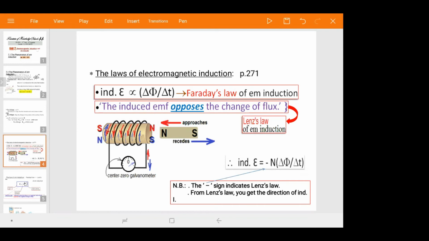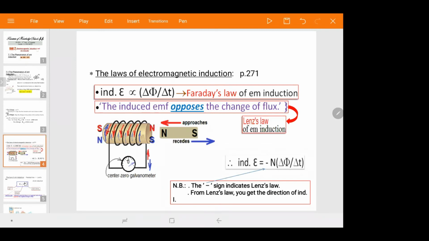When the north pole is induced, your fingers are pointing towards you, downward. That means the induced current flows from the back to the front. If you stop, there's no change of flux, the induced current disappears, and the galvanometer needle comes back to 0.